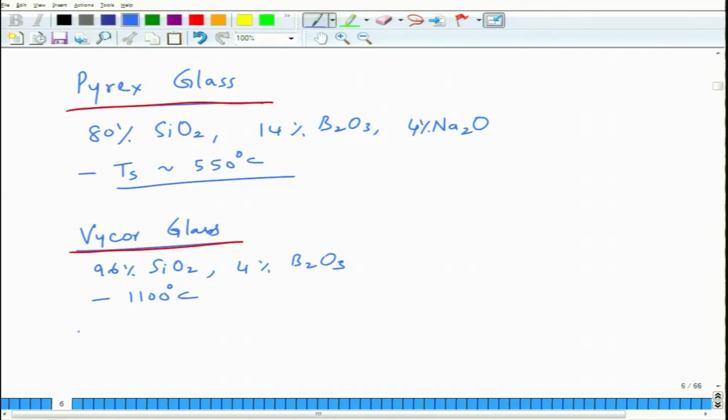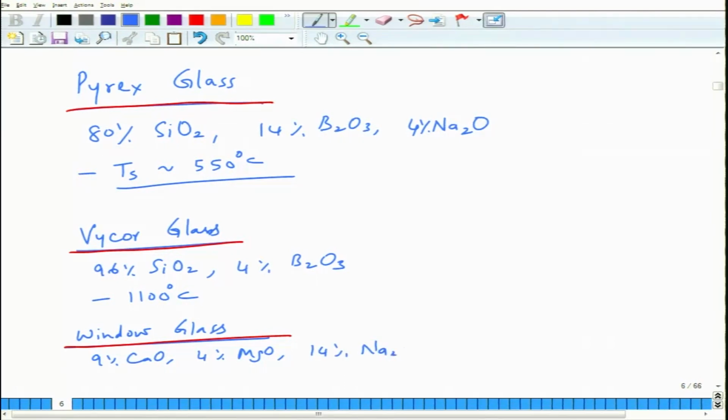And then the typical window glass that we have is basically 9% calcia, 4% magnesia, 14% Na2O, 1% alumina, and the remaining silicon oxide.